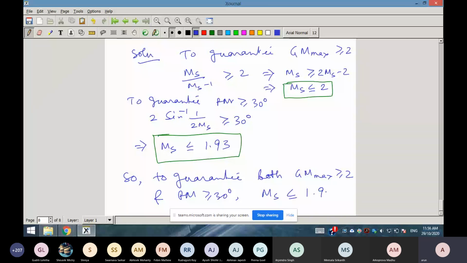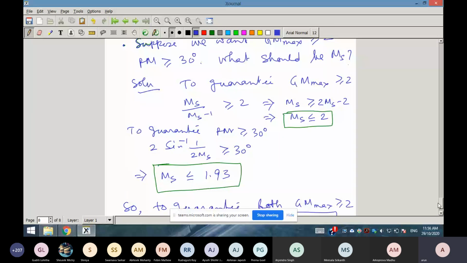So this is the answer. So that means for a good design, the infinity norm of the sensitivity function, or Ms, should be less than or equal to 2, which will guarantee your gain margin greater than 2 and phase margin greater than 30 degree. Even if you make it smaller, then your gain margin will increase, phase margin will increase.